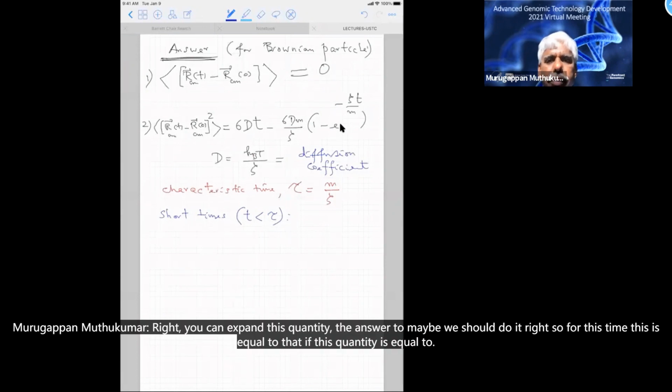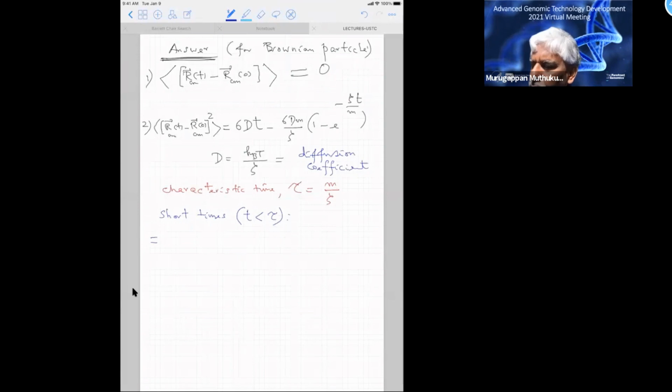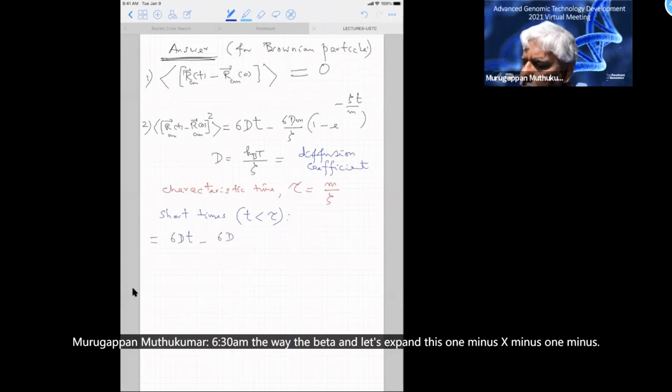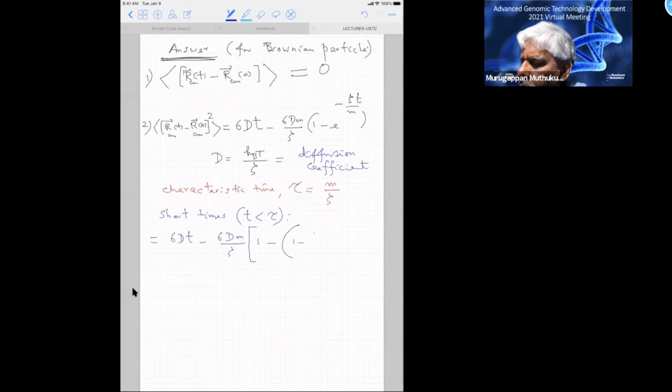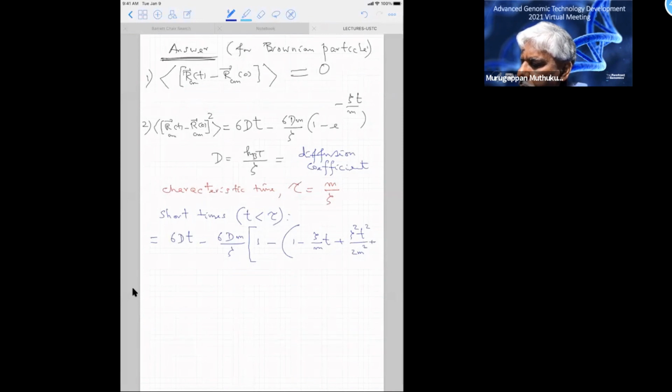If I expand this quantity, the answer is 6 dt minus 6d m divided by zeta times the expansion of 1 minus exponential: 1 minus zeta over m t plus zeta square t square over 2 m square plus etc. Close parentheses.